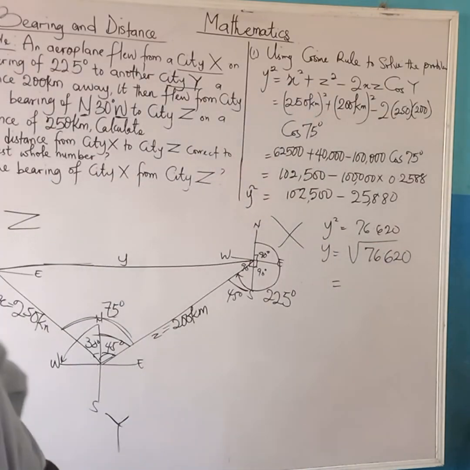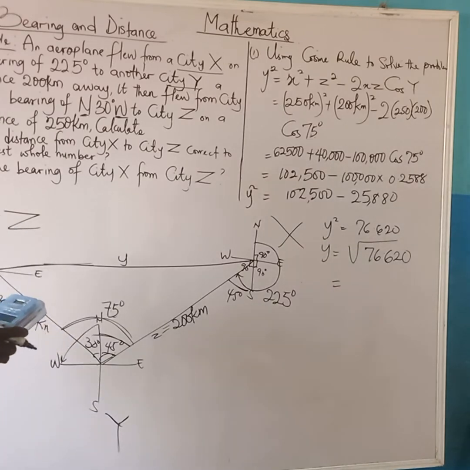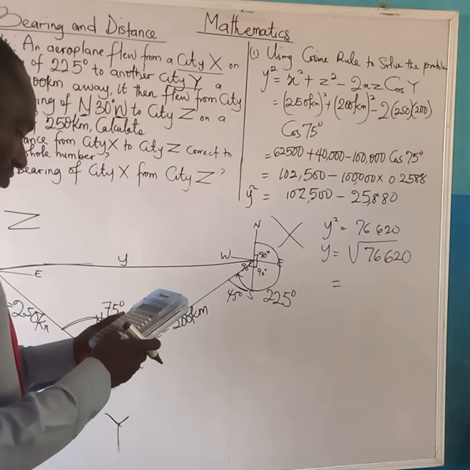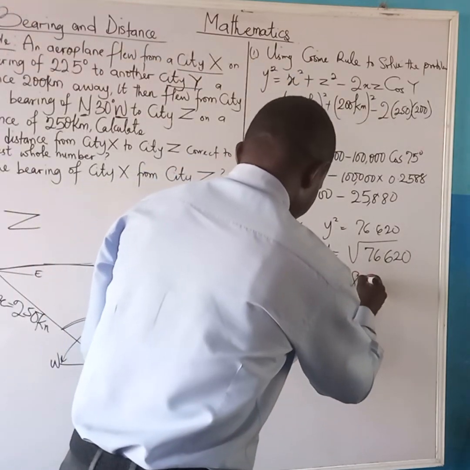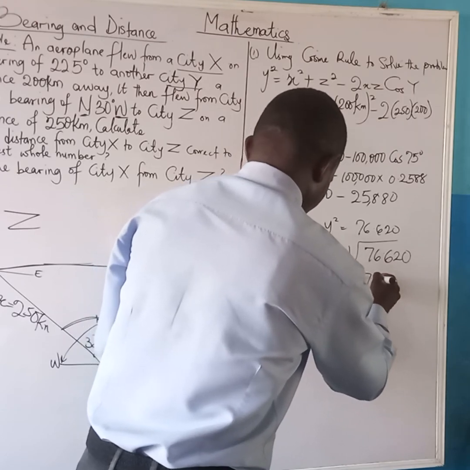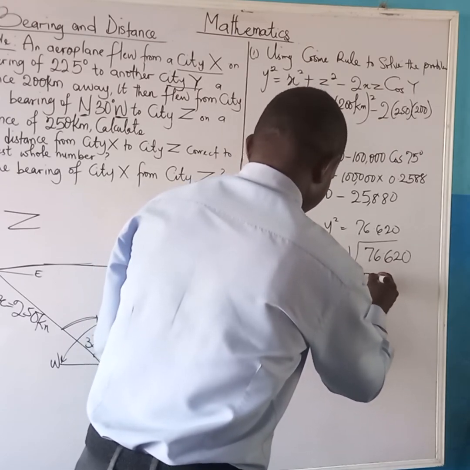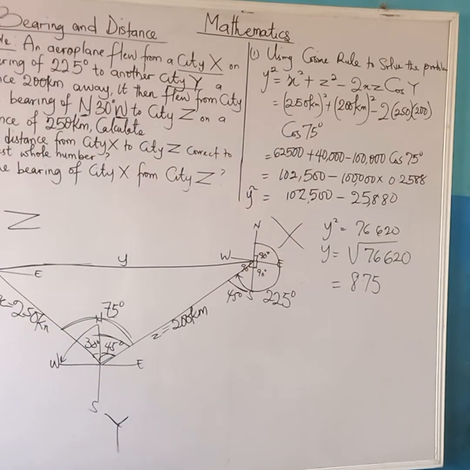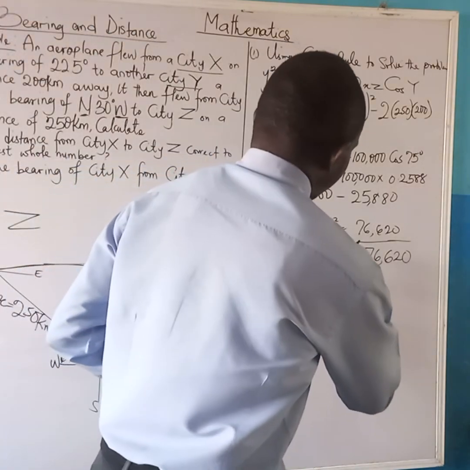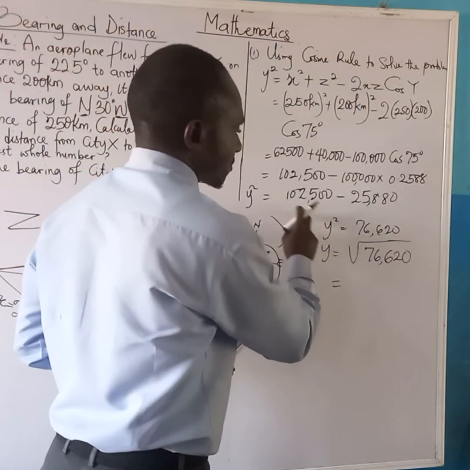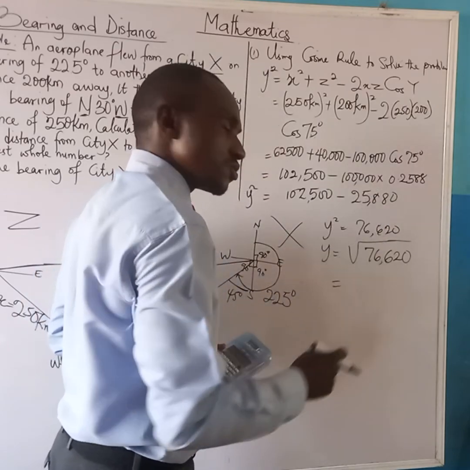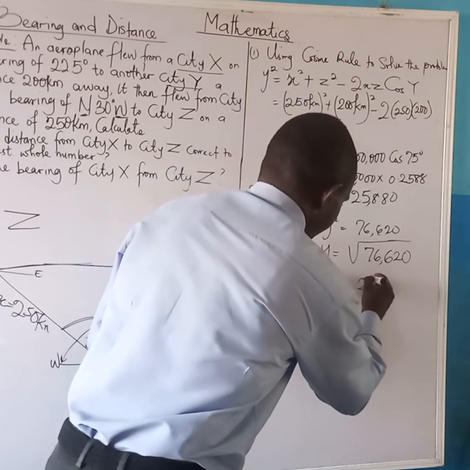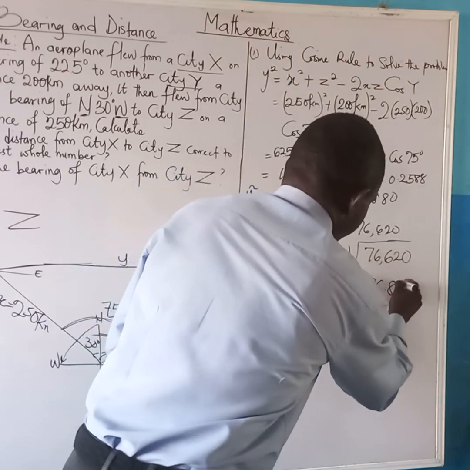By using a calculator, the square root of 76,620 gives us 276.80.